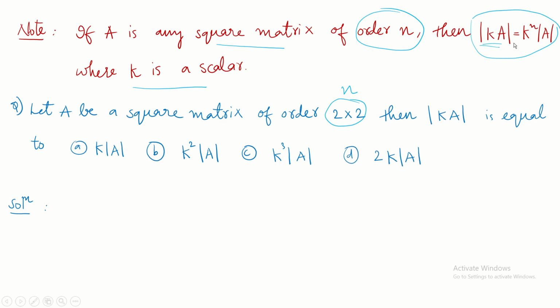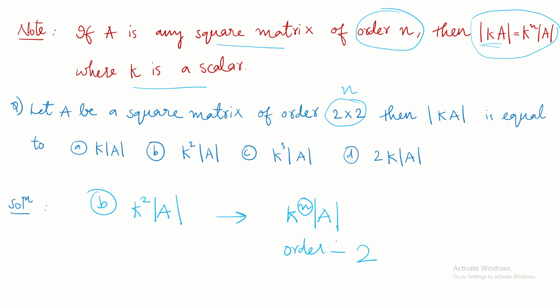Yes, it is B. k square determinant of A is your answer, because you have the formula k power n into determinant of A. This n is your order. So here the order is 2. That is how in the place of n it came as 2.